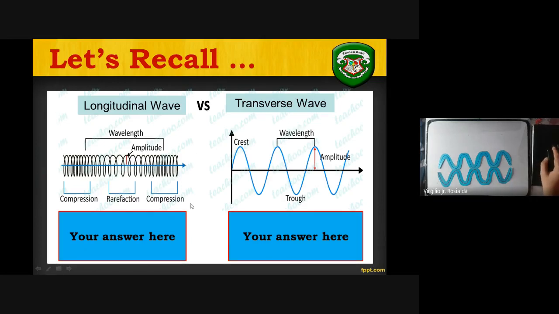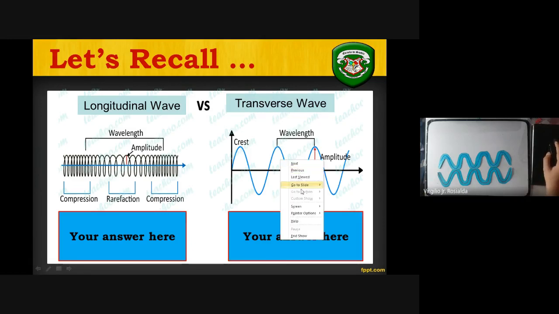And it has also different characteristics. Well, the compression, rarefaction, and compression, another compression. While in transverse wave, it has crest, it has trough, it has amplitude, which is the height of the wave, and the wavelength here in transverse wave is measured through the distance of two consecutive crests or two consecutive troughs.